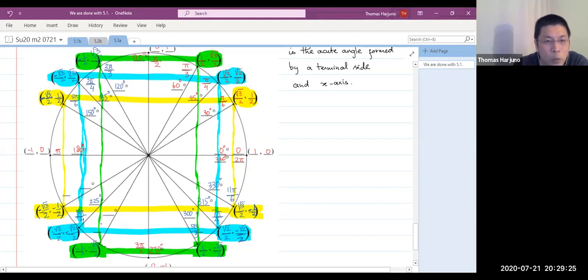The angle is 240 degrees, which is 4 pi over 3 in radian. Oh, I'm missing this one. This is 210 degrees, which in radian is 7 pi over 6.